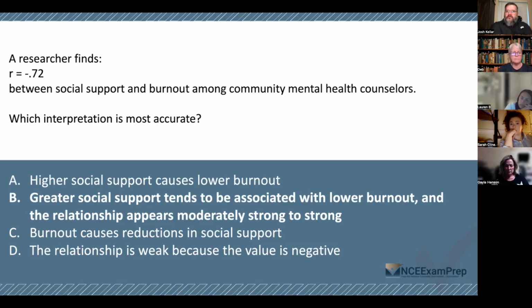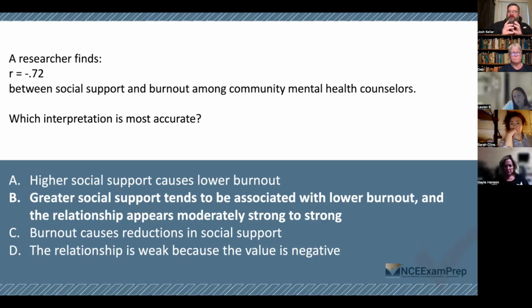But I think I understand B. Okay. So, Deb, the way that you're looking at this is right. As social support increases, burnout decreases, which means it's a negative correlation, right?